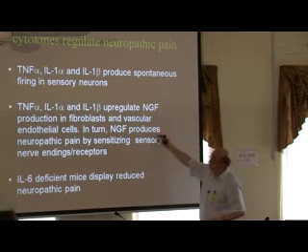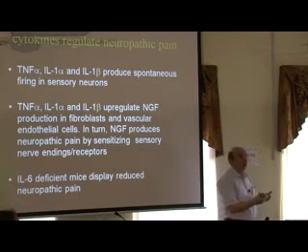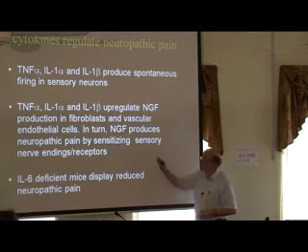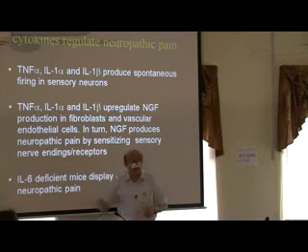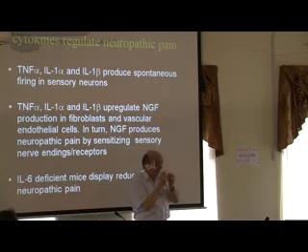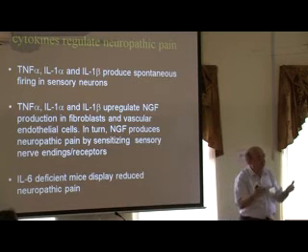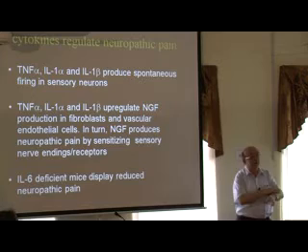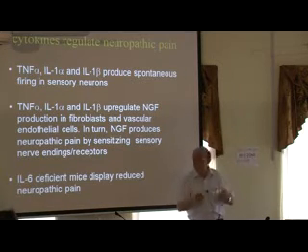Now, we know also that these cytokines will induce the production of NGF, and it was shown that NGF can sensitize the nerve endings and receptors that respond to various stimuli like mechanical stimuli and pain stimuli.